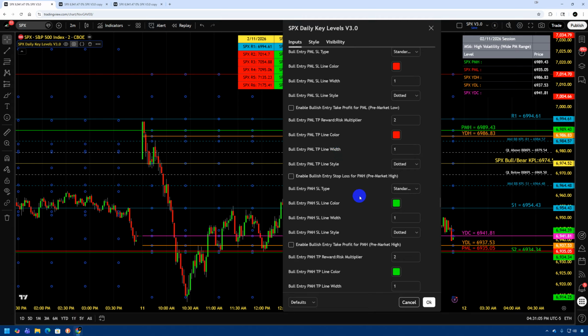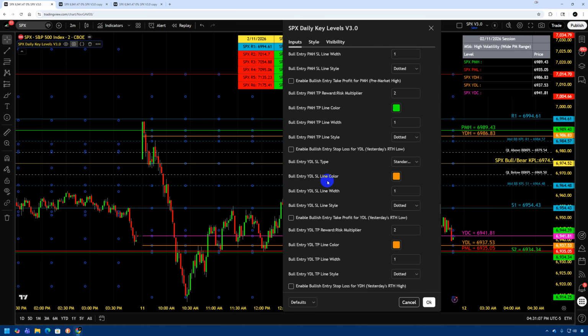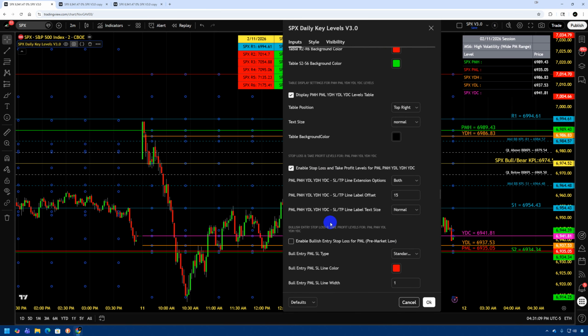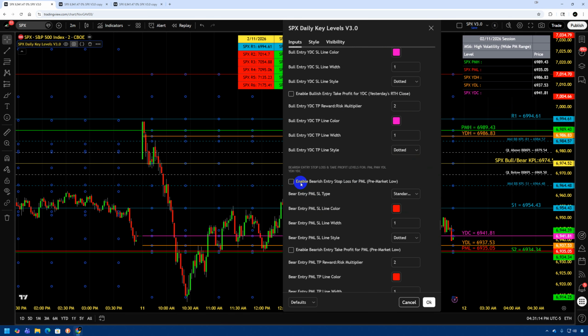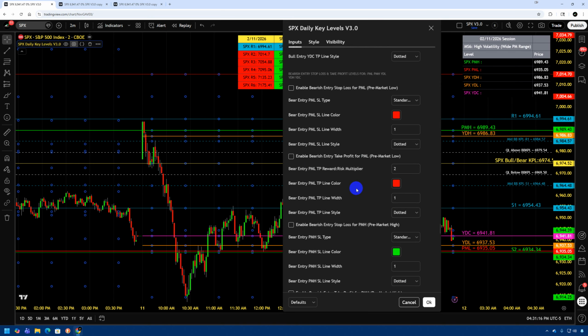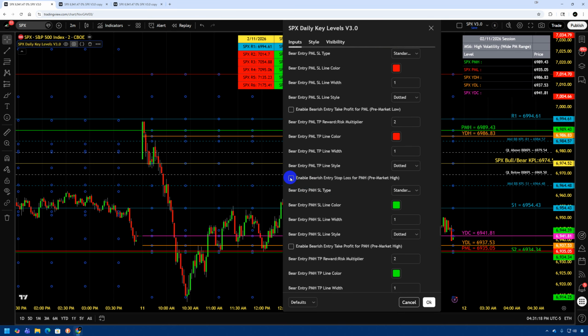Okay, so as an example, let's just say here we have a bearish entry. So this is the bullish entry section. So we would scroll past that, and now we go to the bearish entry section. We go to enable bearish entry stop loss.